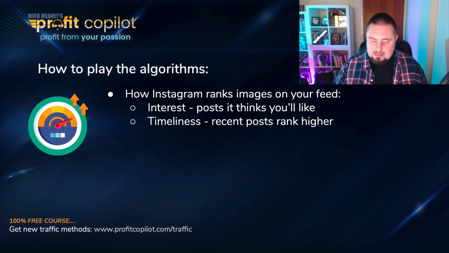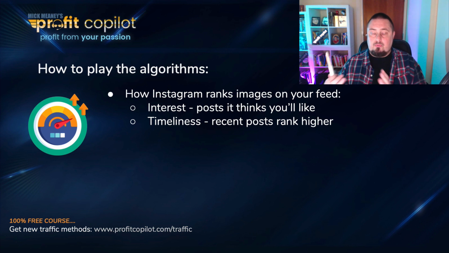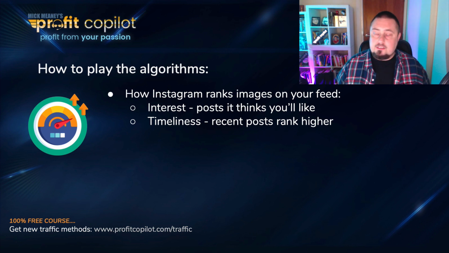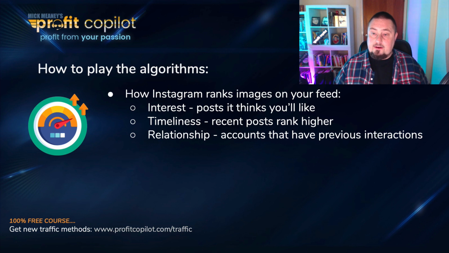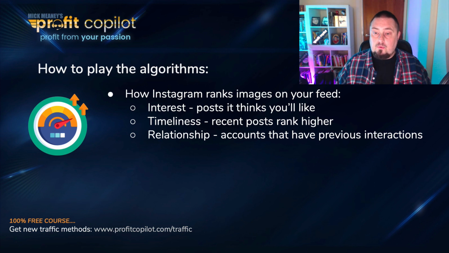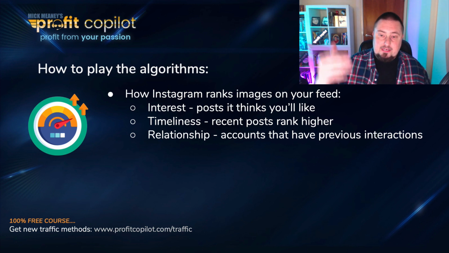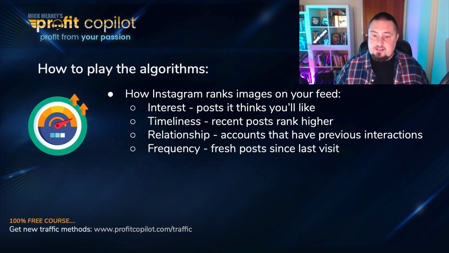It looks at what it calls timeliness, so it ranks the recent posts higher, so it's got a freshness there. It looks at the relationship that you have with the people who you follow. So it looks at the previous interactions that you've had with them and uses that to determine where it places the image on your feed.